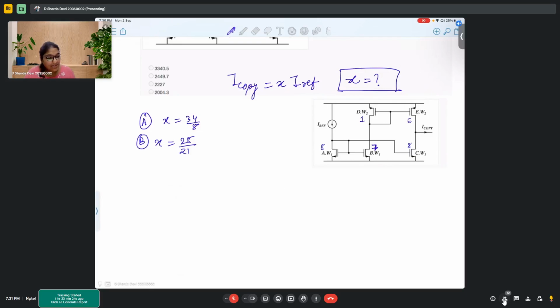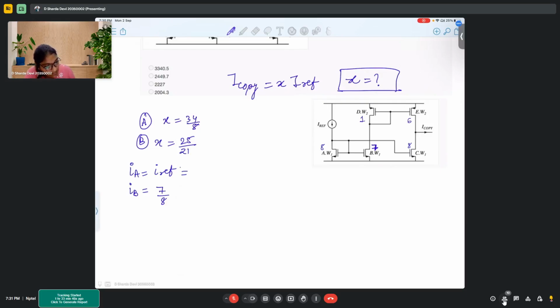So let's quickly solve this problem, okay? See, IA is IREF. IB is 7 by 8.